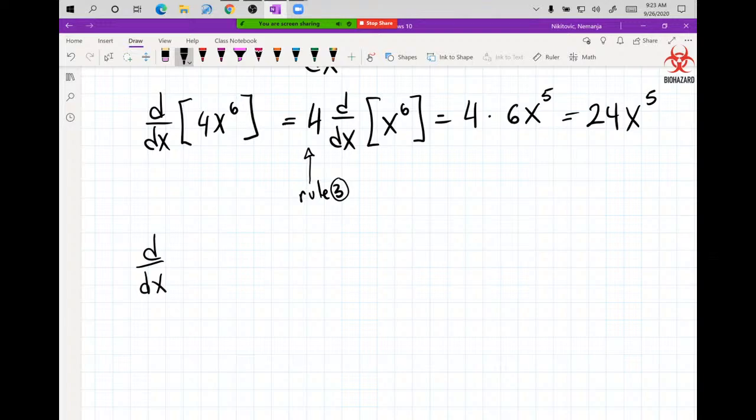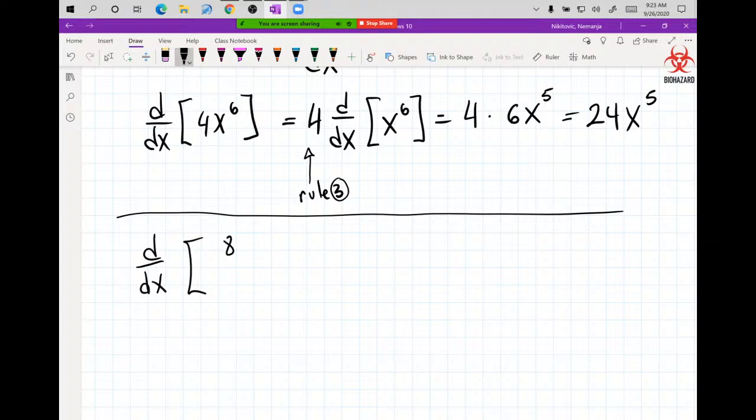Another good example would be find the derivative of, let's say, 8 over x cubed. The fraction stays unchanged.